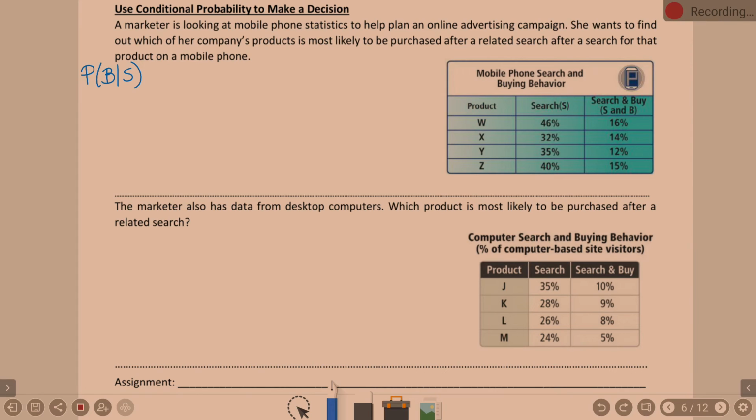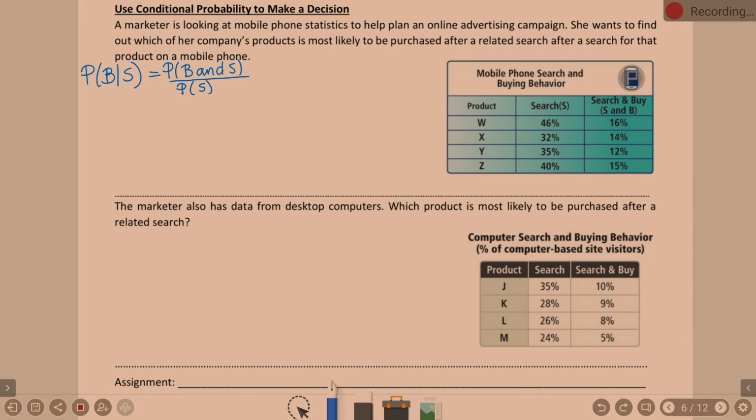Well, think about what your formula would have to be. Conditional probability formula, what we've been setting up the whole time. What goes on top? Both together, right? So probability of B and S. What goes on bottom? Search. Probability of S, search.